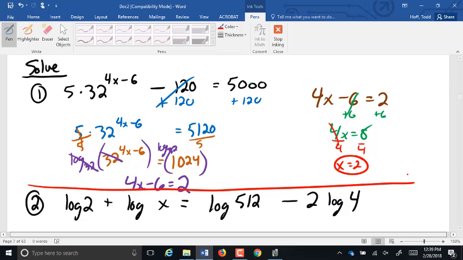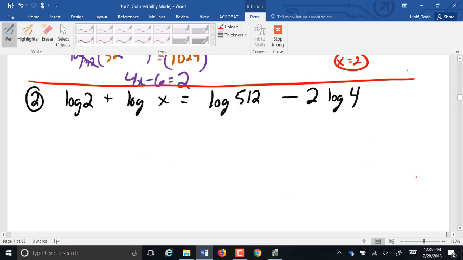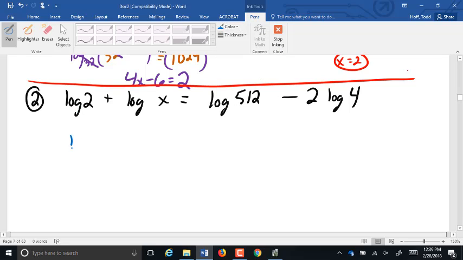Okay, let's take a peek at this. This one could be done by just finding all those logs and using the numbers. The problem is the round off errors. There's a very good chance it's not going to come out. So let's look at our rules of logs. There's not a whole lot we can do over here.